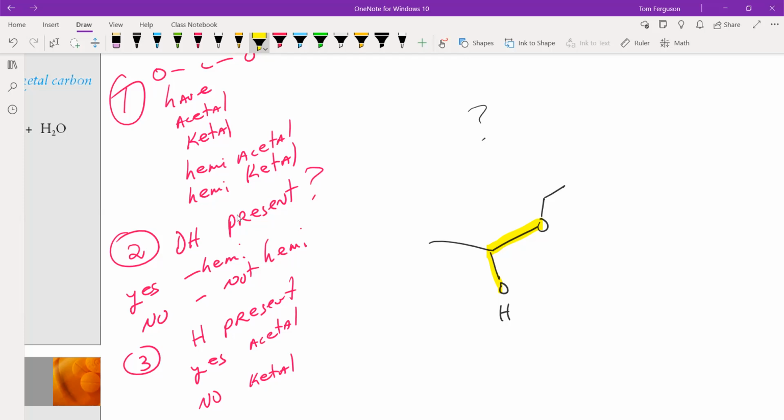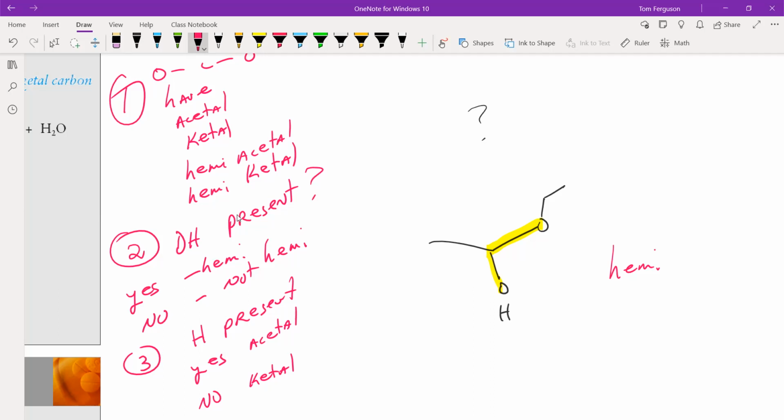Okay, is it a hemi? You go to this carbon, that OCO, the C there. Is there an OH present? Yes, there is. So that means it's a hemi something. Number 3, is H present on that carbon? Yes.